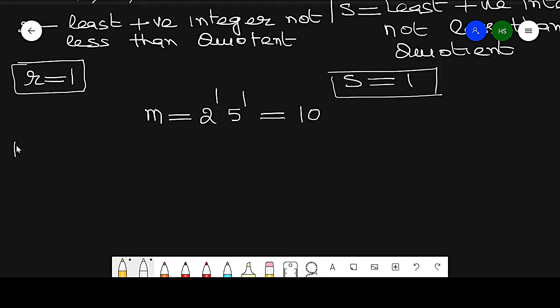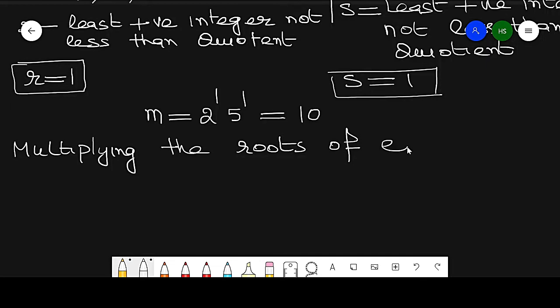So multiply the roots of equation 1 by 10.